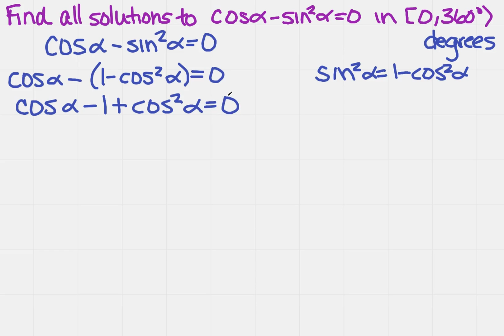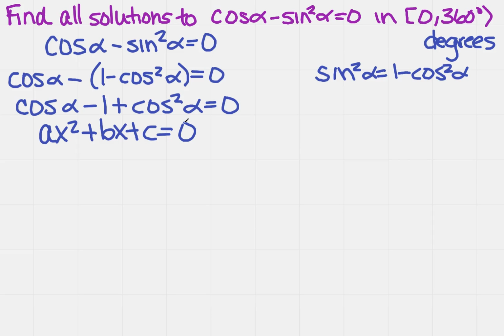Well, when I'm looking at this, something looks familiar. I've got just a cosine alpha term, I've got a number, and I've got a cosine alpha term squared. And I'm thinking of the quadratic formula, ax squared plus bx plus c equals 0. You're thinking, am I really going to have to use the quadratic formula in trig?